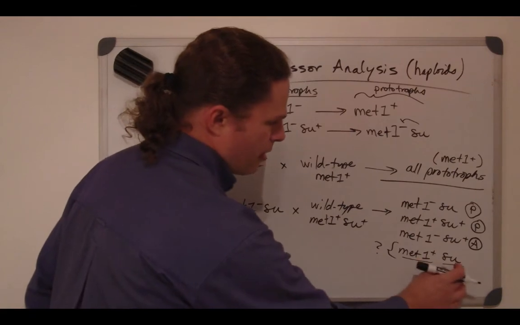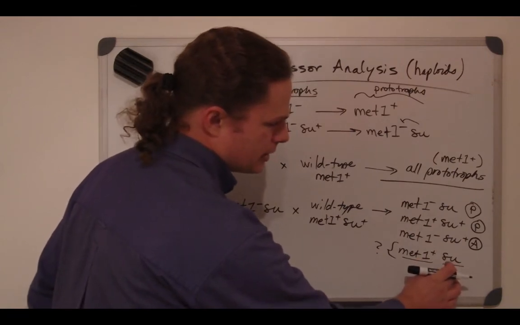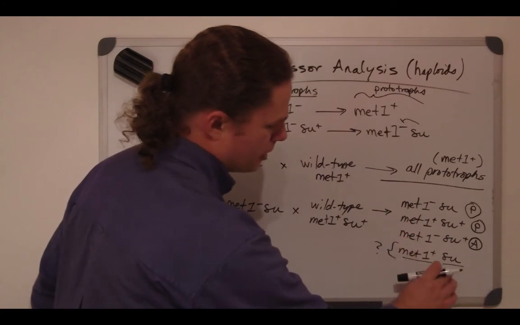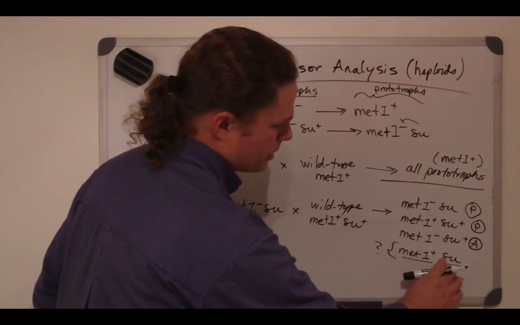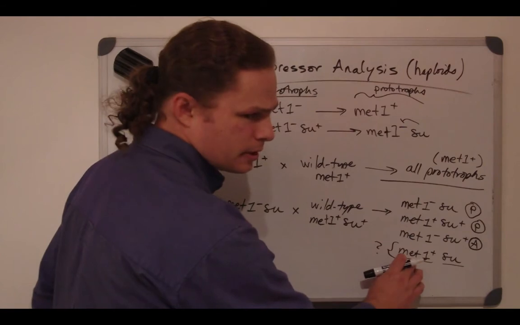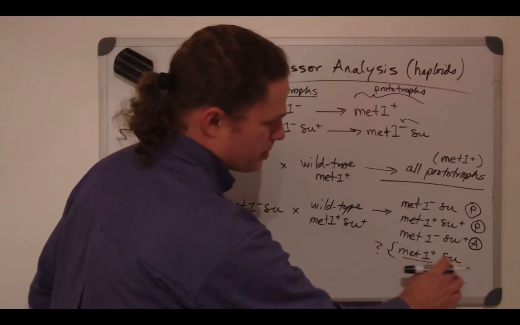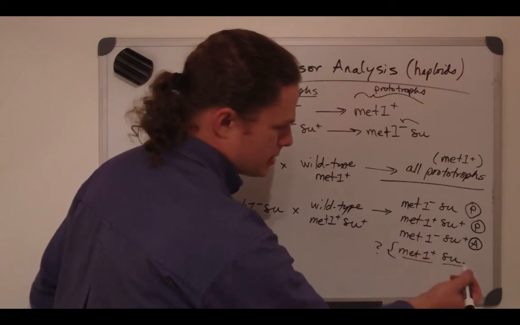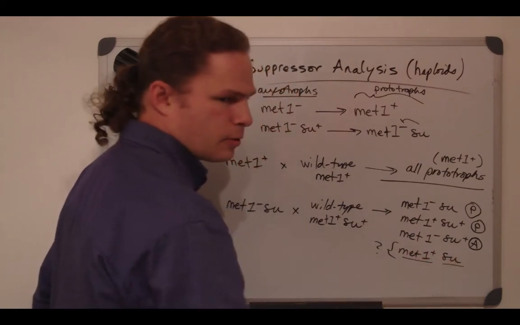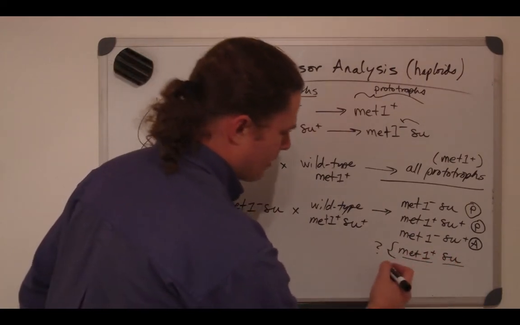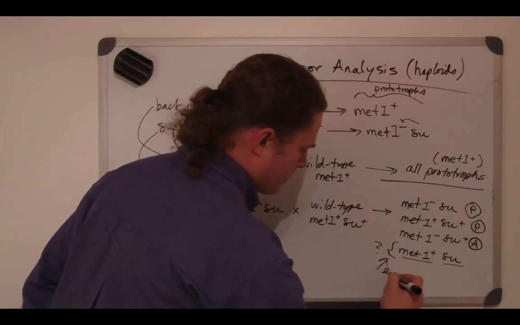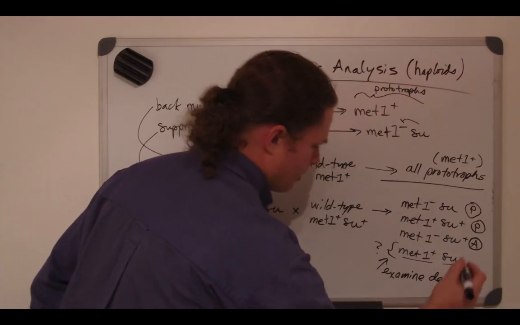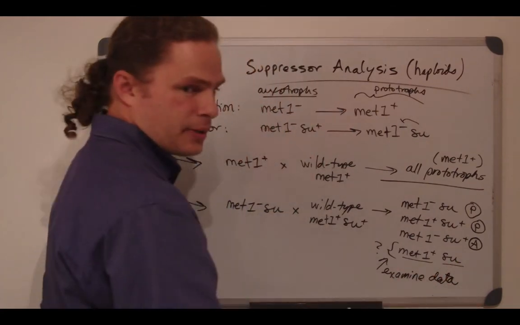It's possible that this mutant allele, which acts as a suppressor of the loss of function mutation, actually somehow interferes with the wild type function. Or it's possible that this would not interfere. So we actually can't tell if this is going to be prototrophic or auxotrophic, and you have to examine the data in order to determine what phenotype it has.